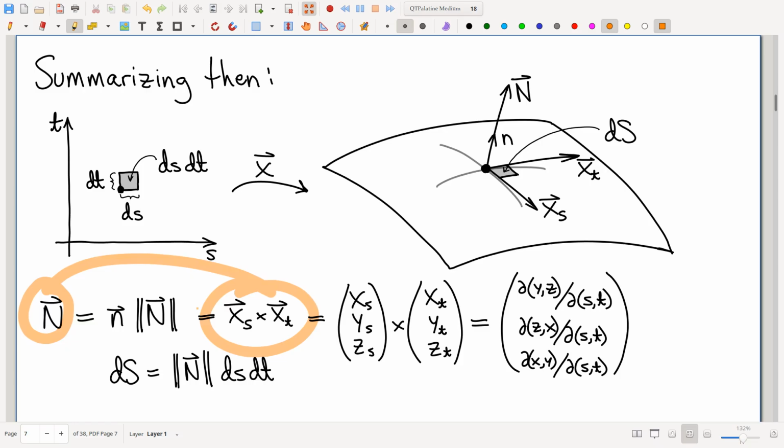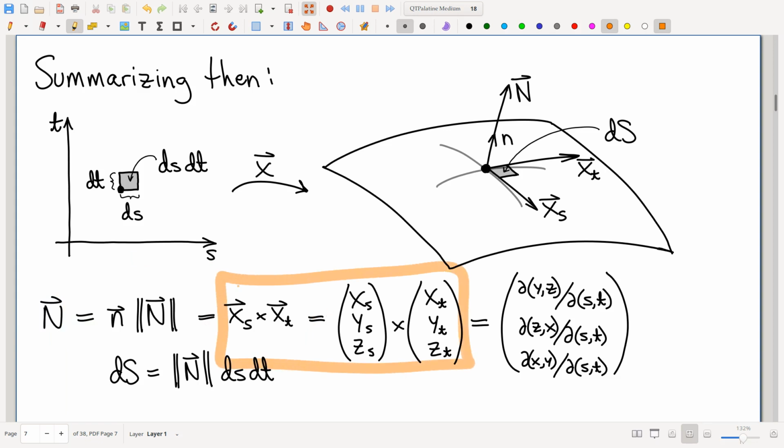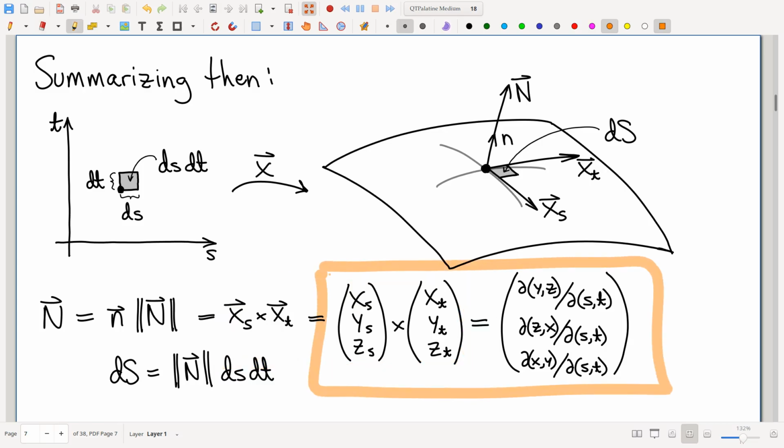Now, here's the one little new thing I'm going to introduce here. The one little piece of additional information I'm going to point out is that you can expand this out in coordinates. Now, nothing happened in this equation, right? I literally just wrote out these partial derivatives with all the coordinates, x, y, z, expanded out. And then you can perform the cross product, and again, nothing happened here. I didn't really do anything. I just multiplied out the cross product.